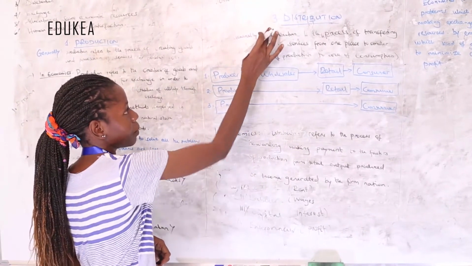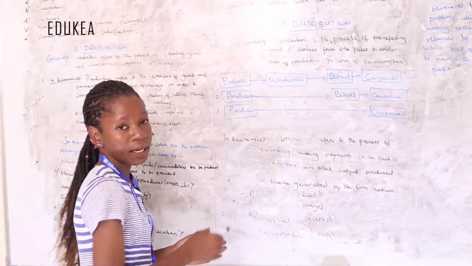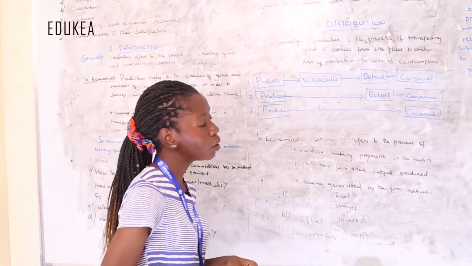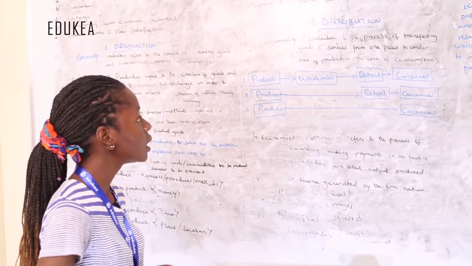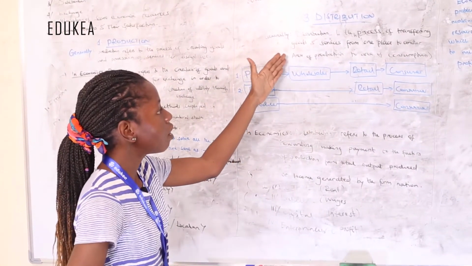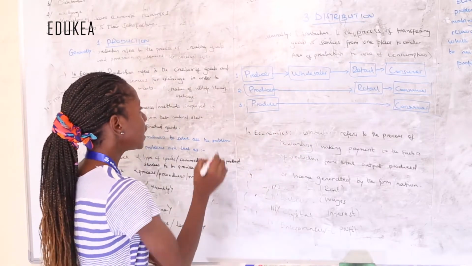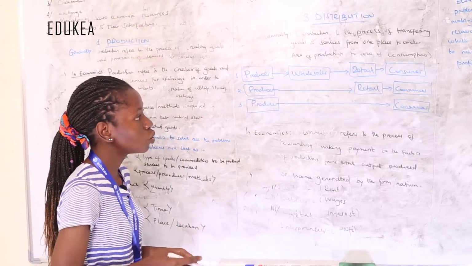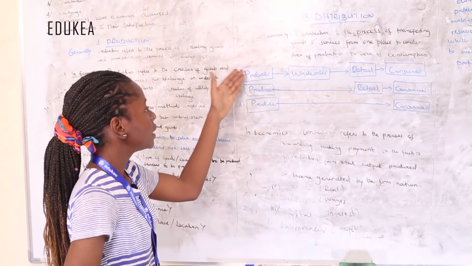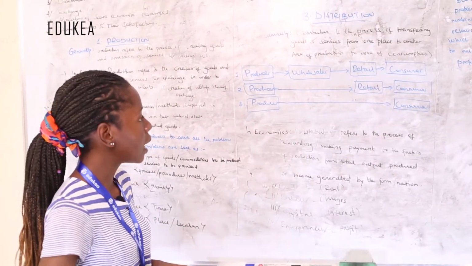Now, aspect number 3, distribution. Generally, distribution refers to the process of transferring goods from one place to another, that is from the area of production to the area of consumption. So you can see kwenye distribution tuna some stages za kudistribute hizi bidhaa.